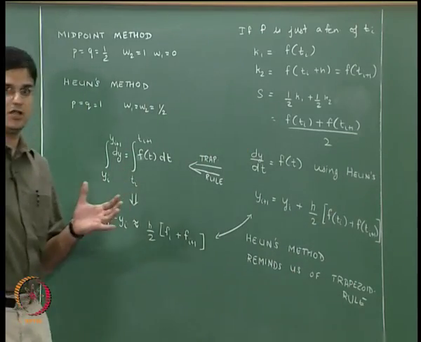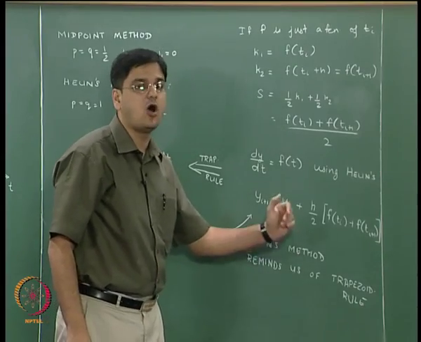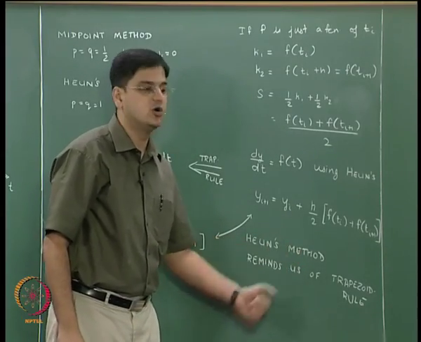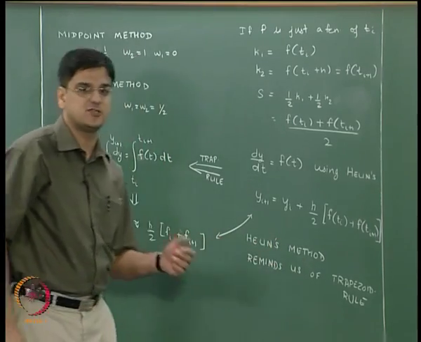And recall from what we did in module 6 that the trapezoidal rule also gave us order of h cubed accuracy. Okay. It is actually not really that Heun's method reminds us of the trapezoidal rule.